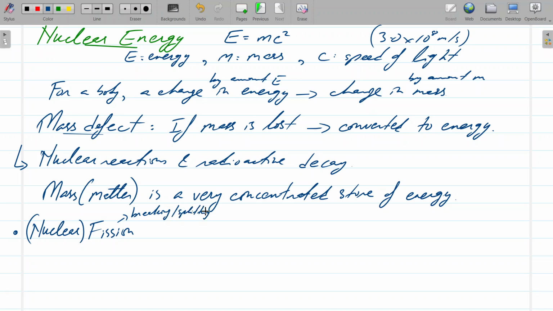And so what you understand from this is we're going to talk about the breaking or the splitting of the nucleus, right? So for this, I'll take you to the text.